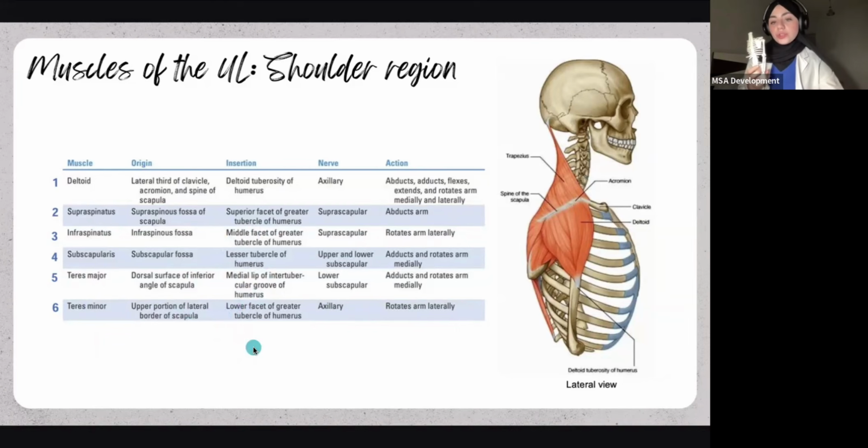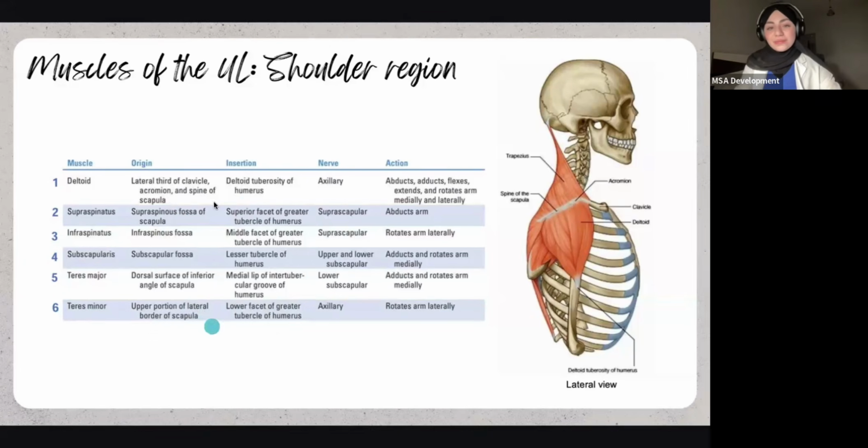What will it do? It's going to rotate the arm laterally. Again, just to kind of nail it in the head, right here. And then it's going to attach to the lower facet of the greater tubercle. So it's literally like this, just this. And then it's going to rotate the arm laterally. How will it do that? Kind of, again, snaking from the back and rotating the arm laterally.